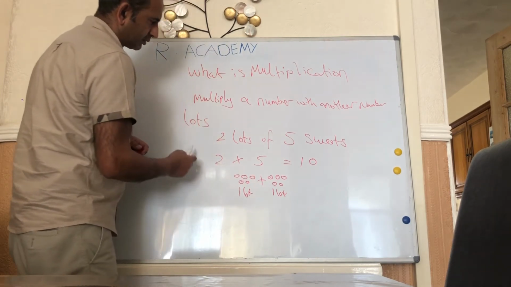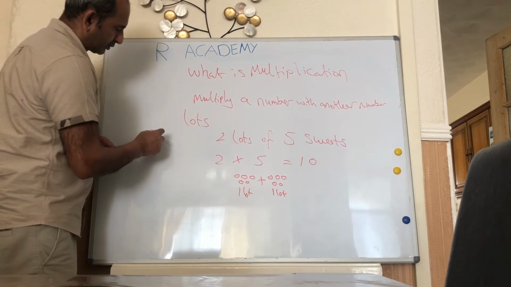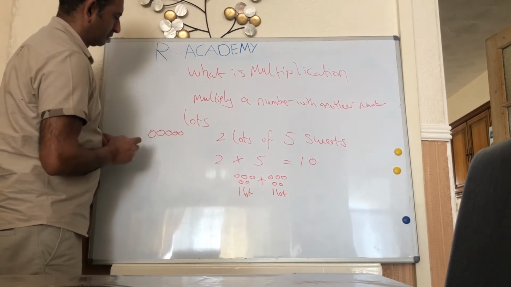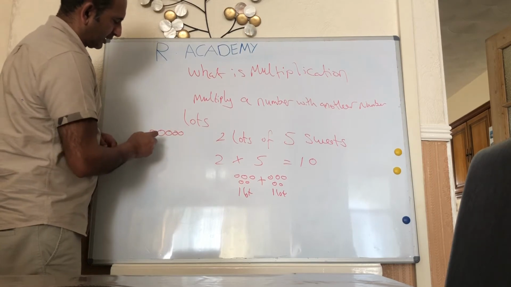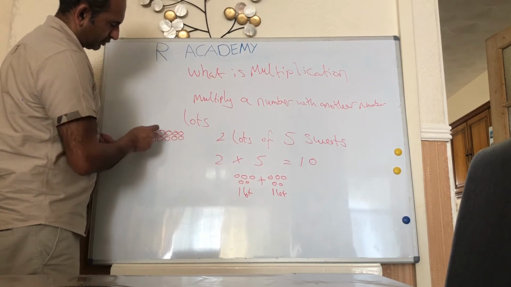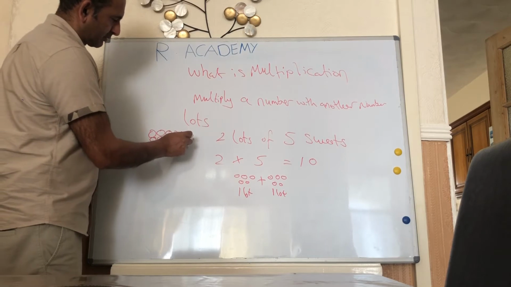Or you can simply put 5 sweets in a row, that's 1 lot, and say another 5 sweets in a row. 1, 2, 3, 4, 5, 6, 7, 8, 9, 10 equals 10.